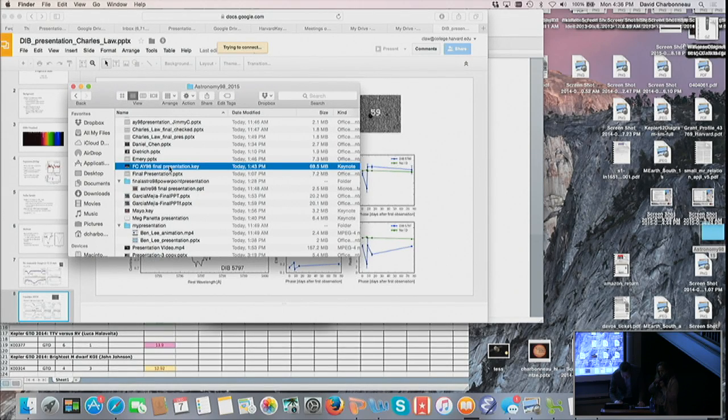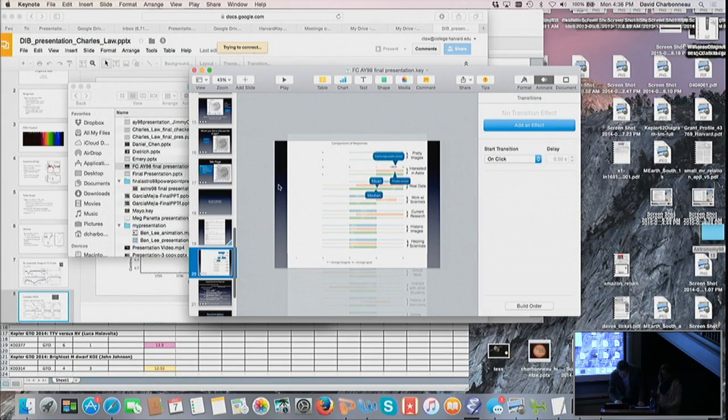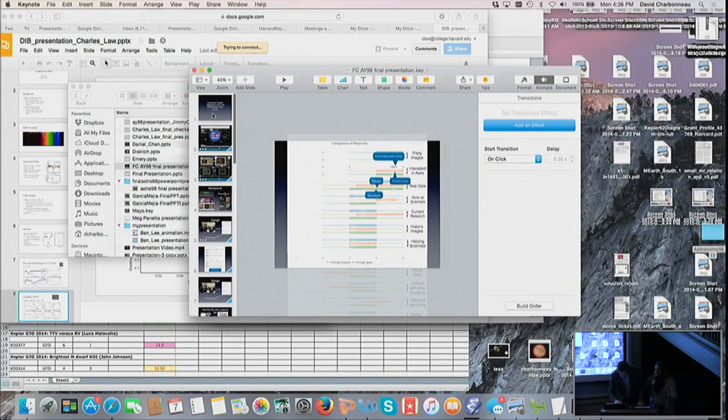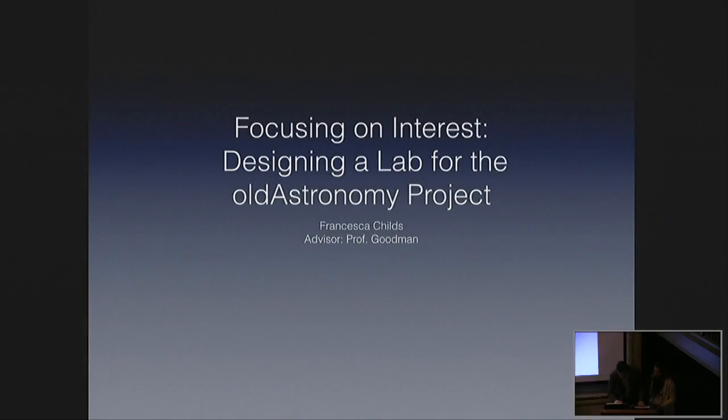Okay, so our final presenter today is Francesca Childs. We'll be talking about designing a lab for the Old Astronomy project.